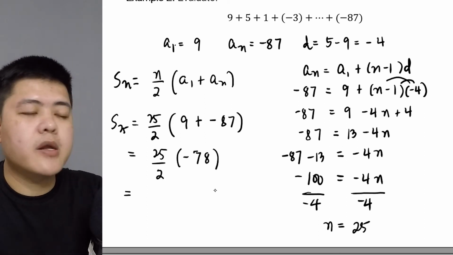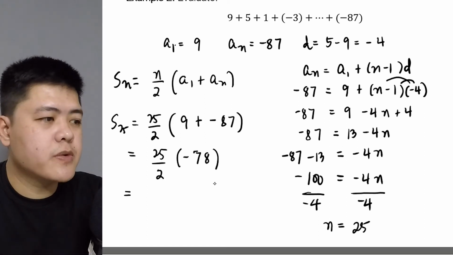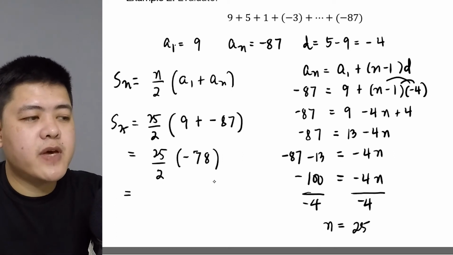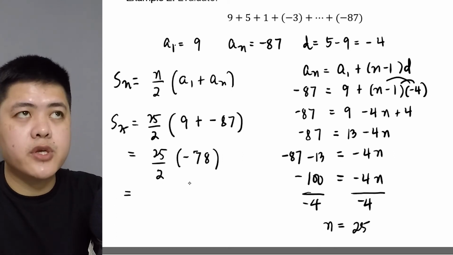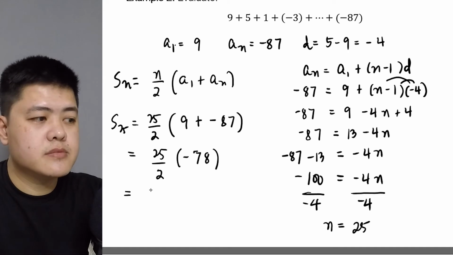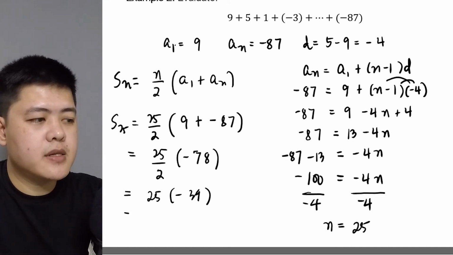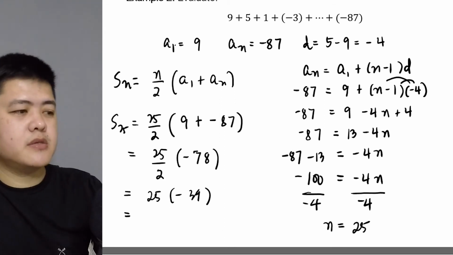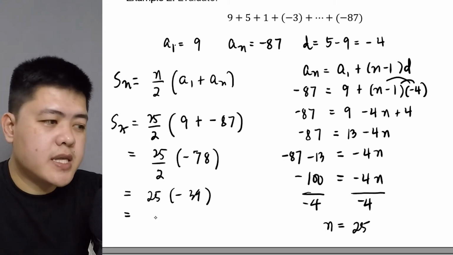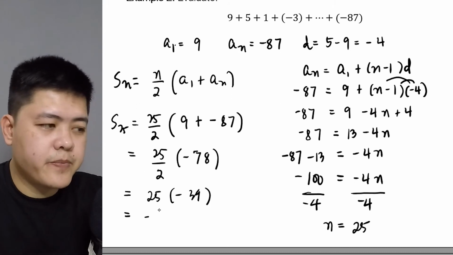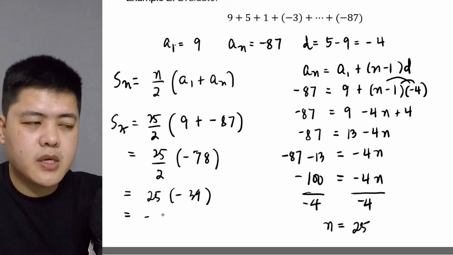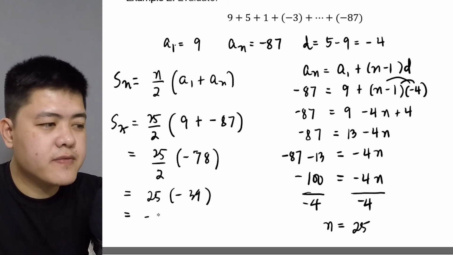And then, ano mas madali dito? Divide mo natin sa 2, no? Negative 78 divided by 2, 39. So, we'll get 25 times negative 39. So, 25 times 39. 25 times negative 39 is negative, ilan to? 975.